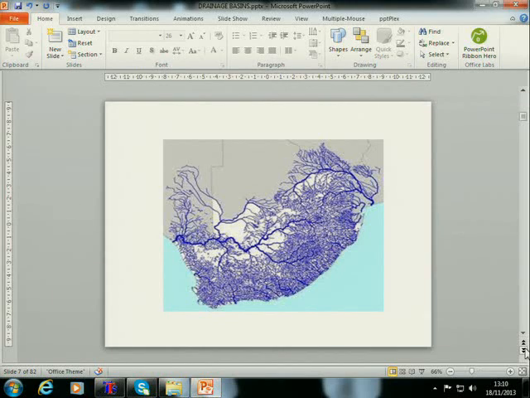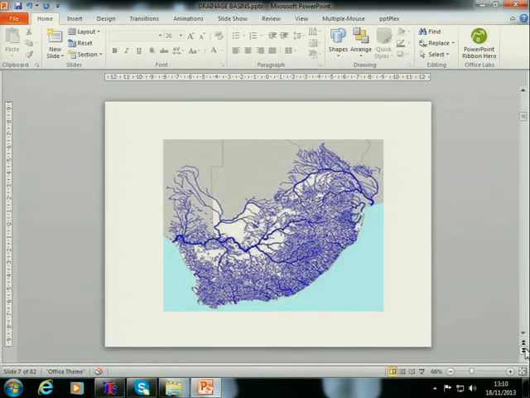Now for those of you who do have last year's question paper with you, you will remember that they have asked a question of how will a river on the western and on the eastern side of the escarpment differ? Remember, if you look at that picture, rivers on the eastern side have more water.